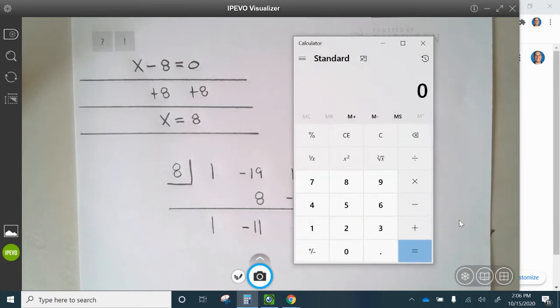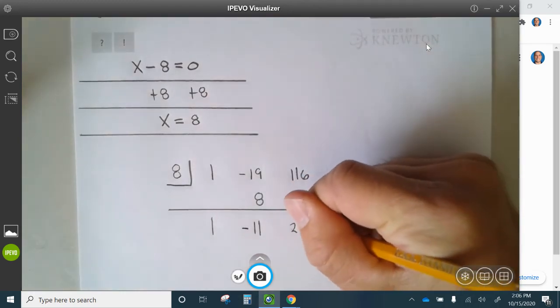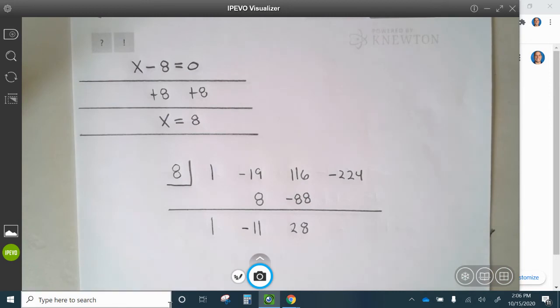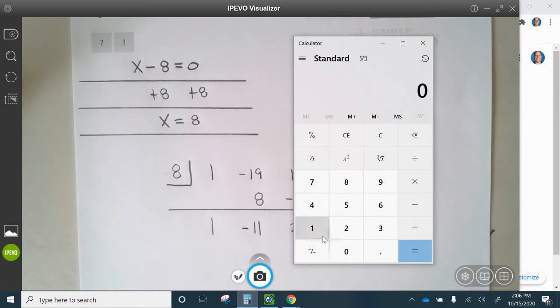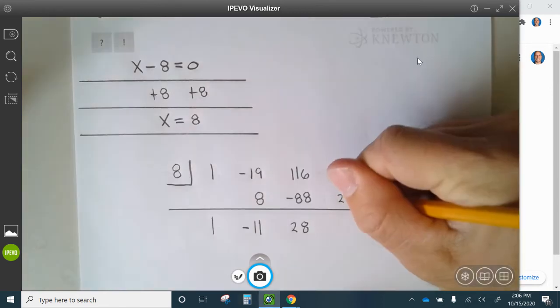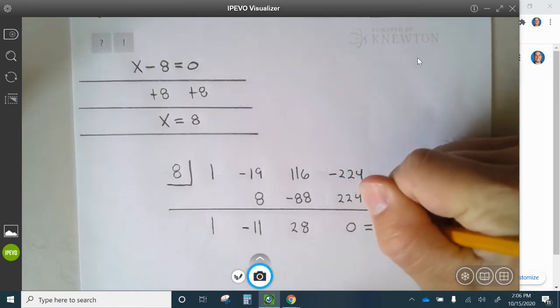Somehow I lost the standard calculator. 116 minus 88 is 28. So bring down 28. Let's multiply 28 times 8. I think it's 224, but let's make sure. Okay, so it's 224. So the remainder is 0.